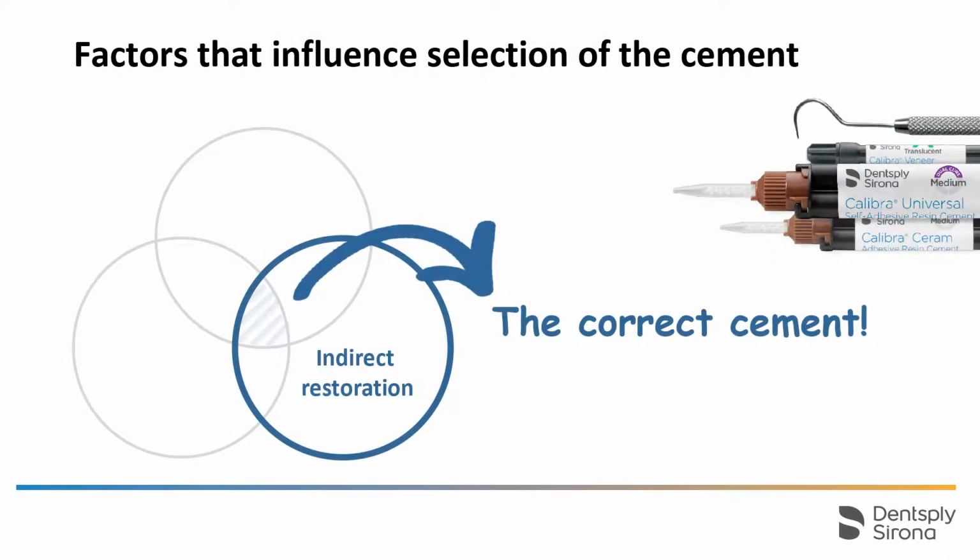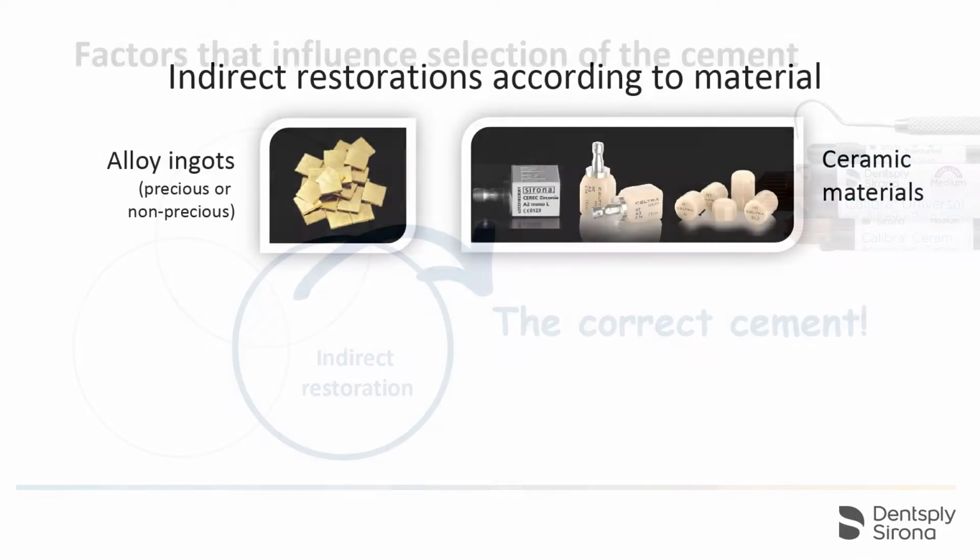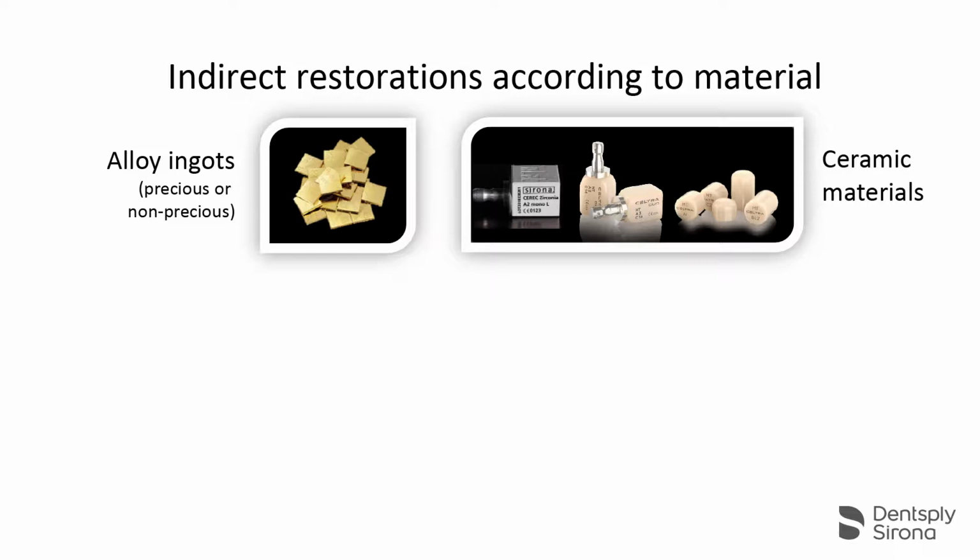We will now look at the third and final factor which influences selection of the correct cement: the type of restoration and the material from which the restoration is fabricated. Source materials for fabricating fixed partial denture restorations are on the one hand precious or non-precious metal alloys, and on the other hand ceramics.